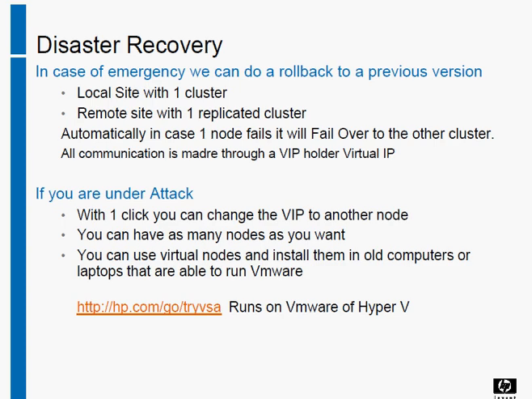Now, let's say your network is under attack. You can change the VIP, which is the virtual IP holder, to a different node. Let's say you're getting attacked on one of your nodes, which is the VIP holder.